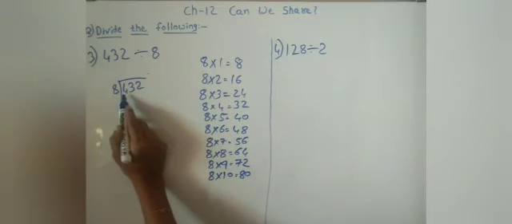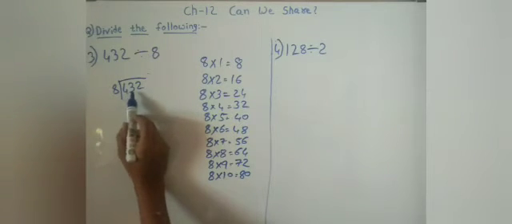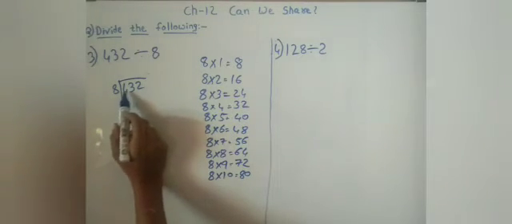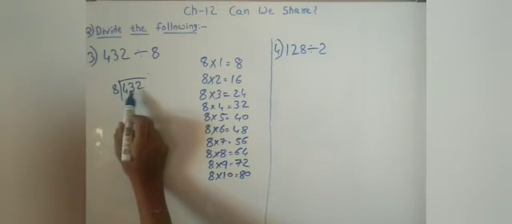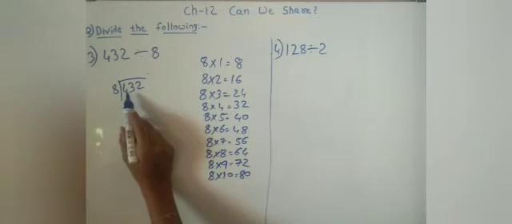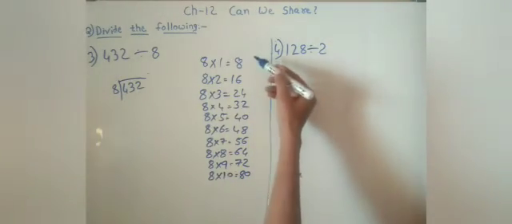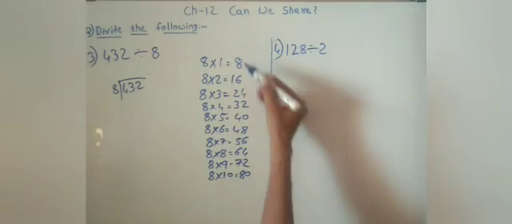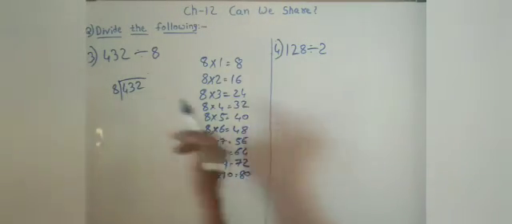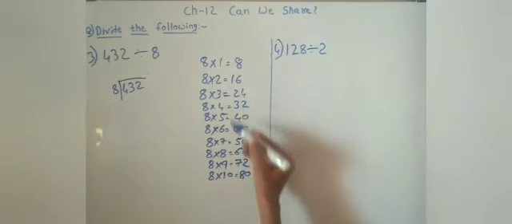Now, it is 432. So we will see the first two digits of 432, that is 4 and 3, 43. Now we will check whether the number 43 is coming in the table of 8. No. The number 43 is not coming in the table of 8.